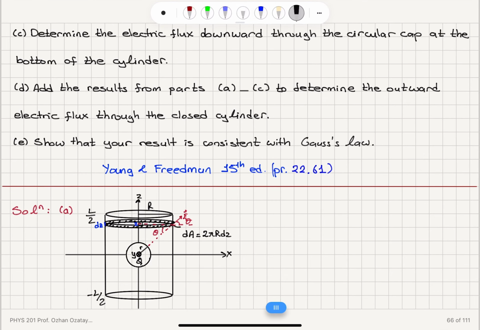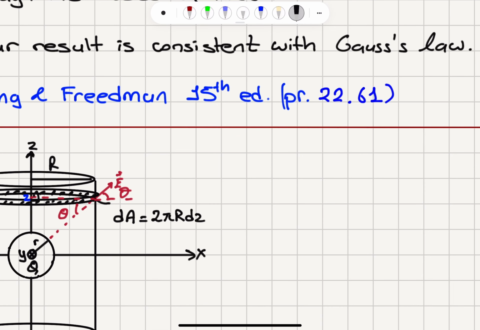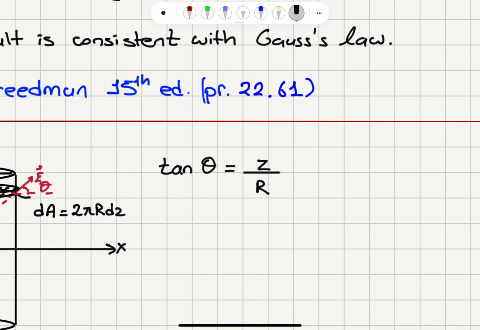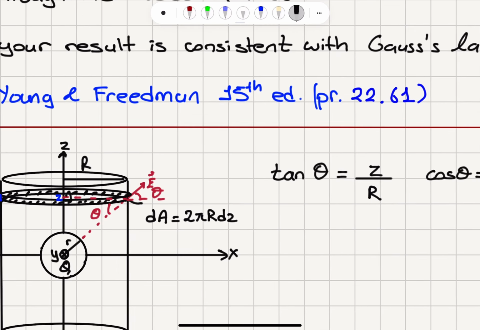All right, so we have tangent theta is equal to z divided by capital R. What about cosine theta? Cosine theta will be this side R divided by the hypotenuse.